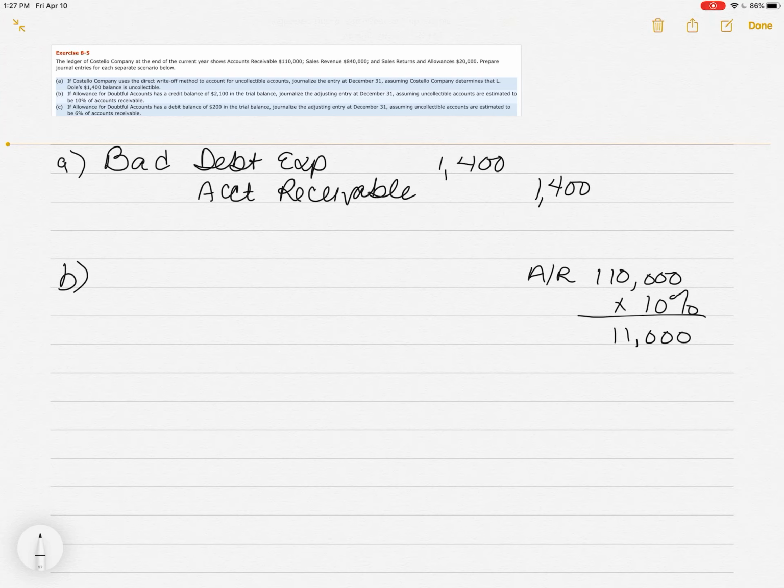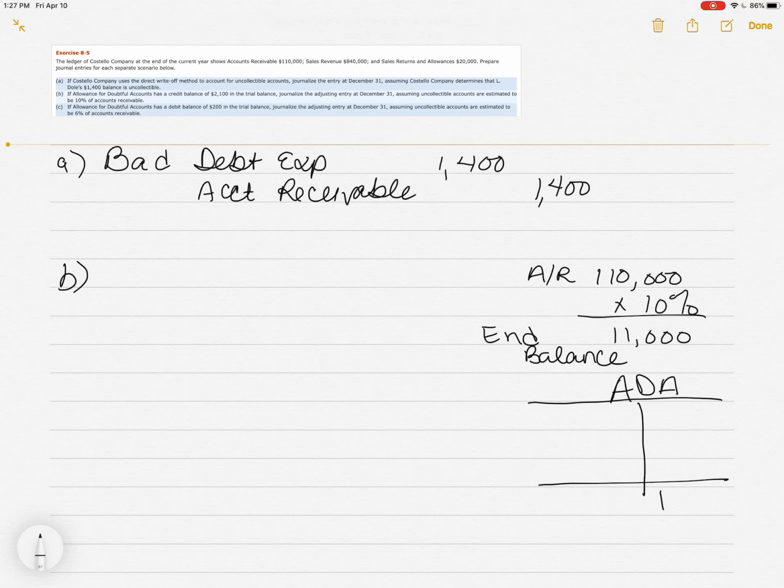That's what we want our ending balance to be in that allowance for doubtful accounts. So when we look at that account balance, there's our ADA account. We know it has a normal credit balance, and we want that ending balance to be $11,000. It tells us right now we have a current balance of $2,100 as a credit.